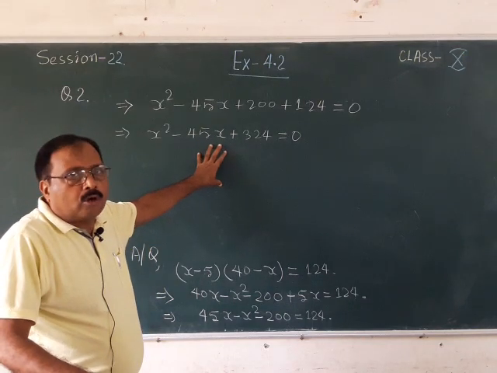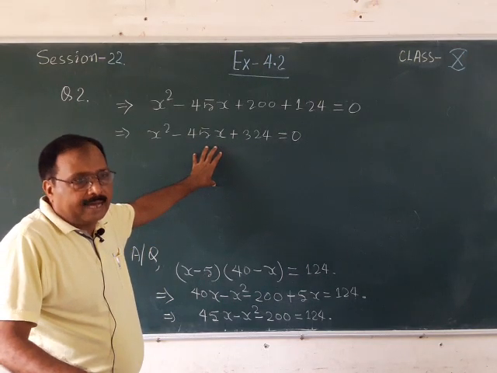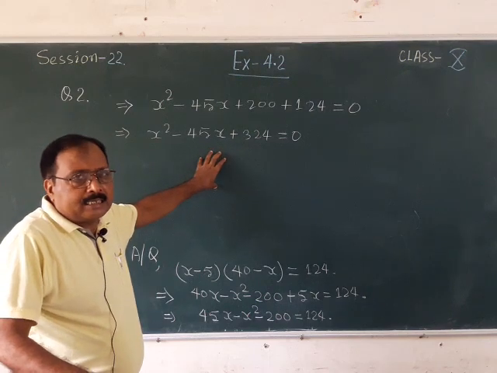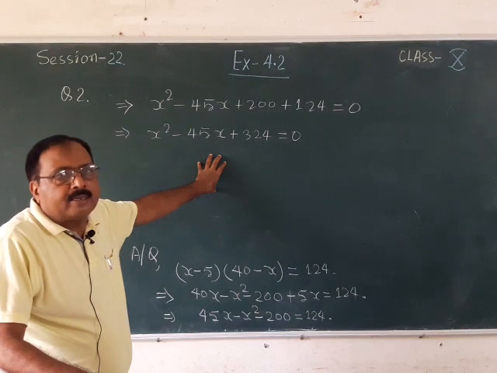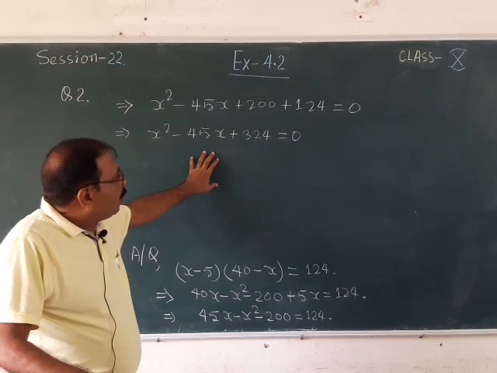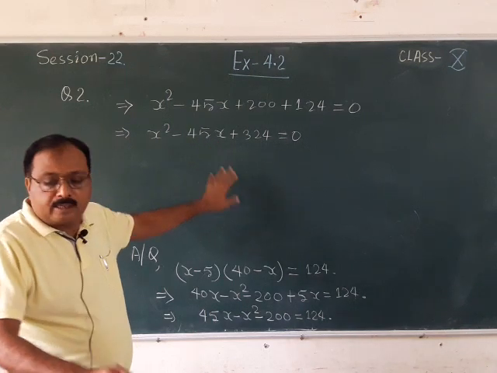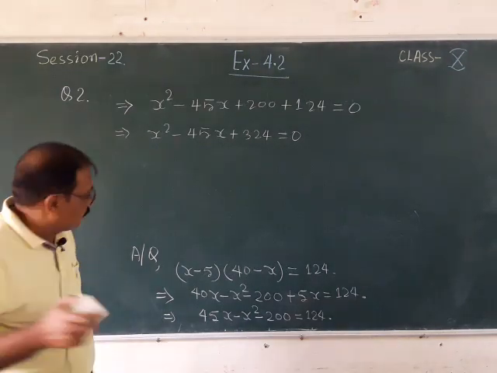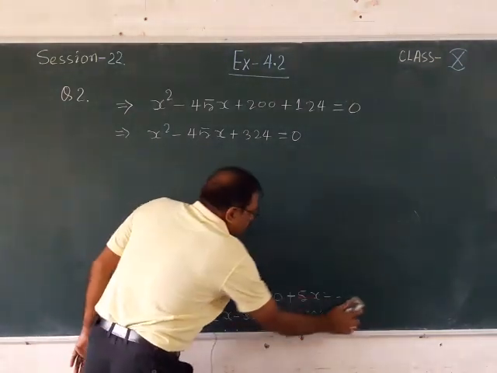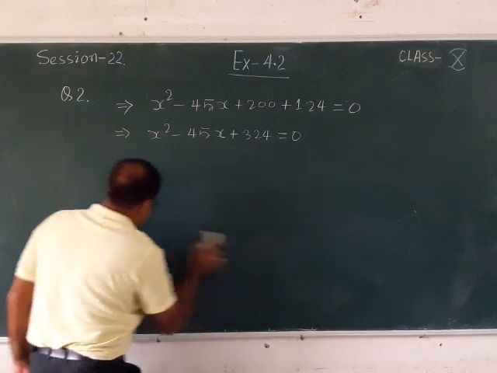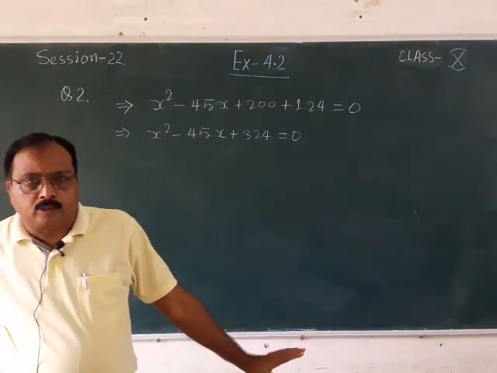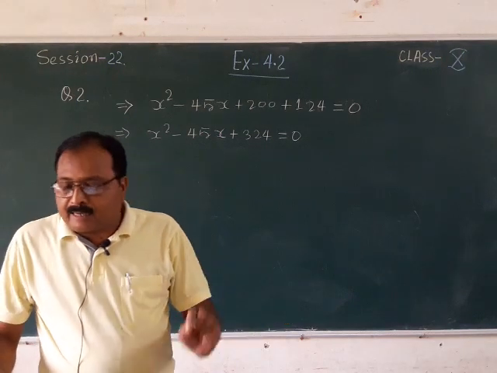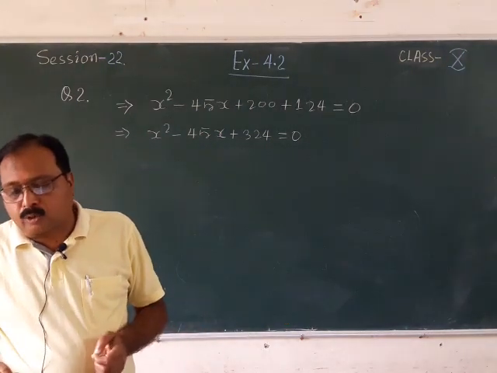Now you can solve it to get the value of x, and if x is known, that means how many marbles John has is clear. So now you need to solve this equation to know the value of x. Okay, so how can you solve it? You know that the factor method is suitable to solve it.